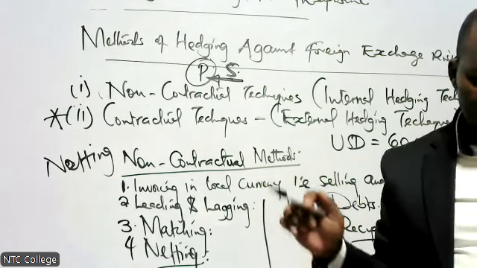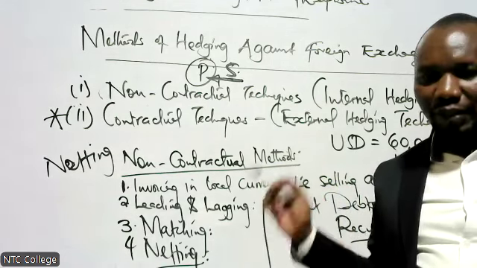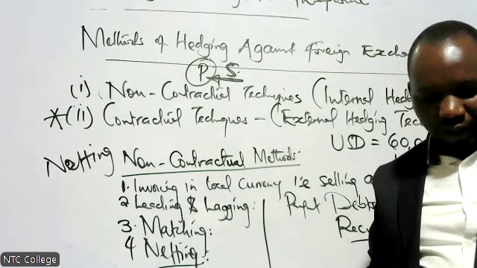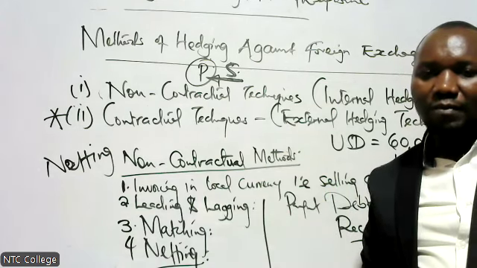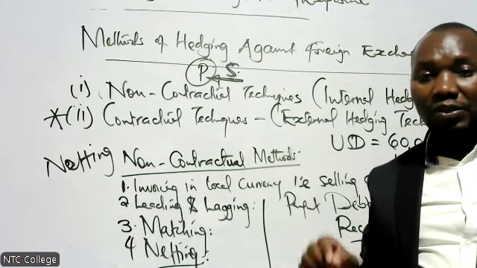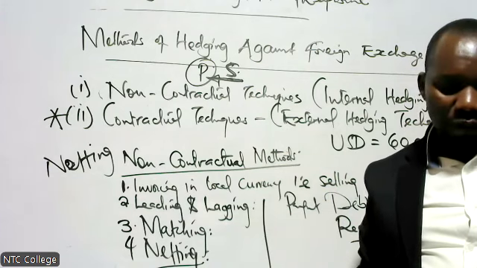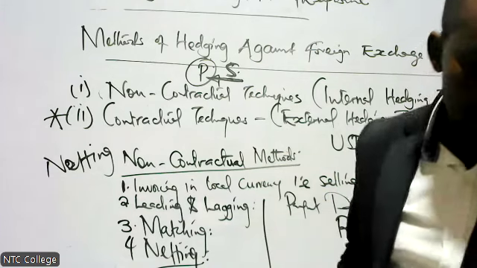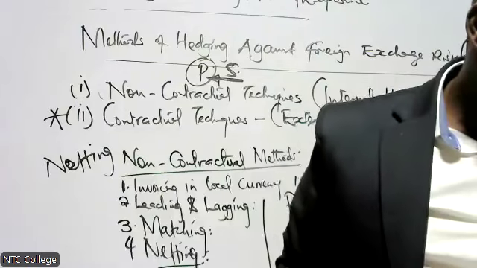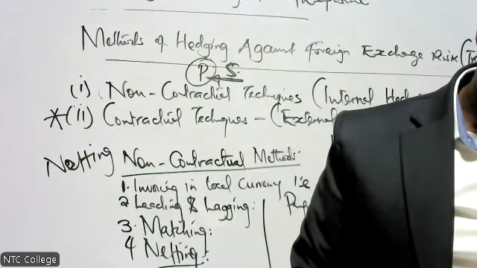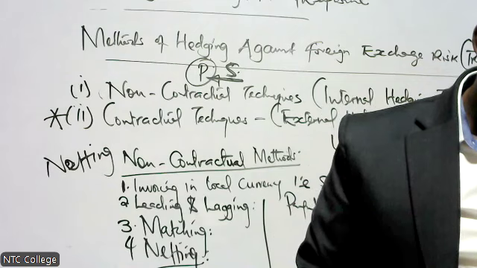The point is restricting remittance from subsidiaries. It is called management barriers. Management barriers refers to restriction of remittance from subsidiaries. Now let's look at contractual techniques.